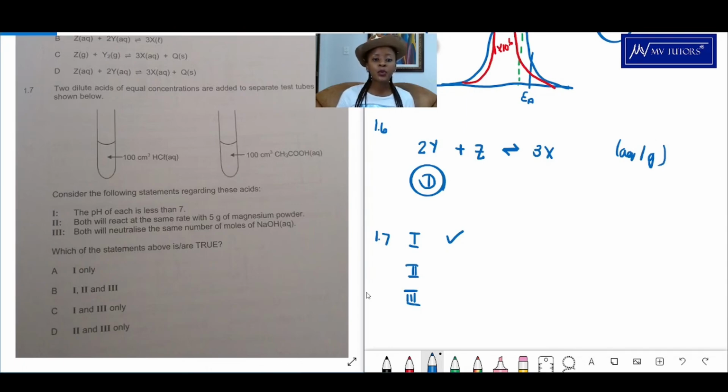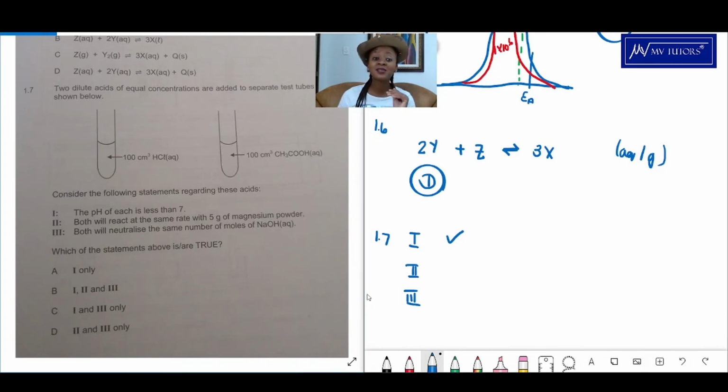Both will react at the same rate with 5 grams of magnesium powder. No. Because the strong acid dissociates completely, it'll have a higher reaction rate. The weak acid does not. I don't even want to say dissociate, ionize. You know, acids ionize, bases dissociate. But if you look at the dictionary, you'll get the same meaning for both ionization and dissociation.